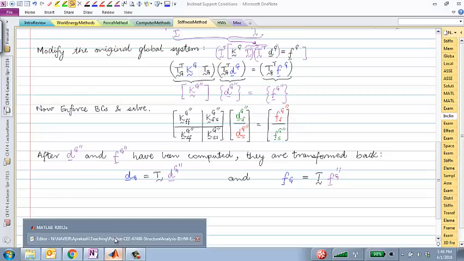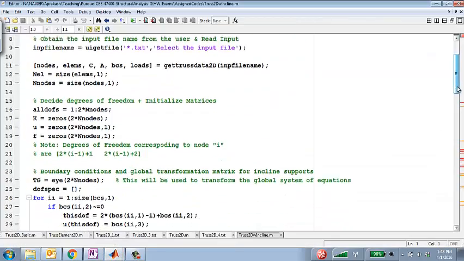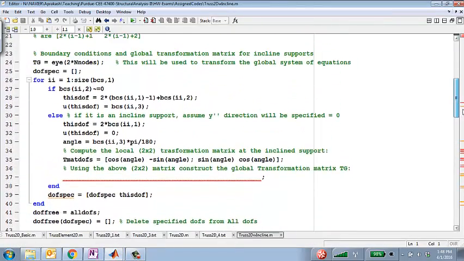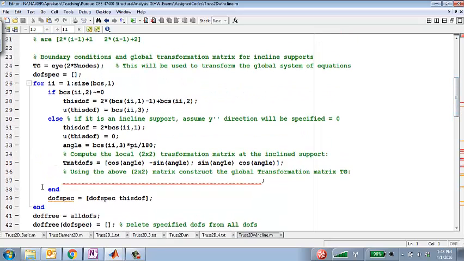So looking at that code, hopefully, if you saw, there is this empty line on line 37, which you need to fill in. What that line does is it needs to create the T global transformation matrix. So what I've done here is I've initiated the T global to be equal to I of 2 times number of nodes.